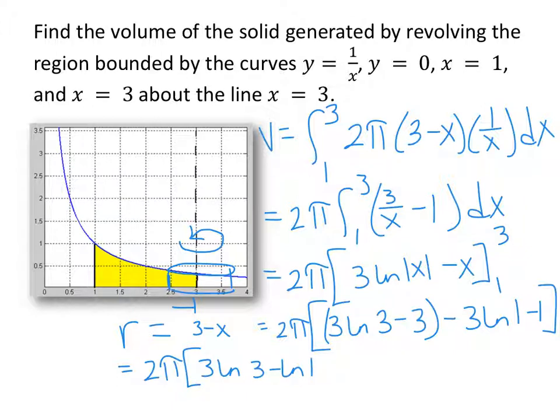I have minus 3, and then minus a negative 1 becomes plus, so that becomes a minus 2. I can combine my logs using rules of logs, so this becomes 2 pi times 3 the natural log of 3 minus 2. And we could plug that in and get an approximation, but we just want to see that the main trick here is we have to change our radius when we're not rotating around an axis.